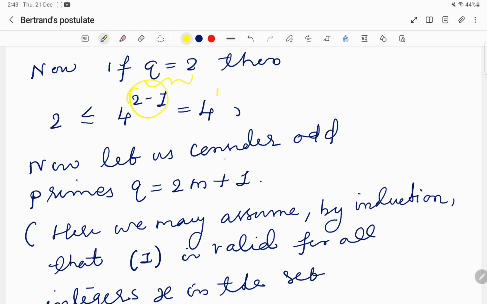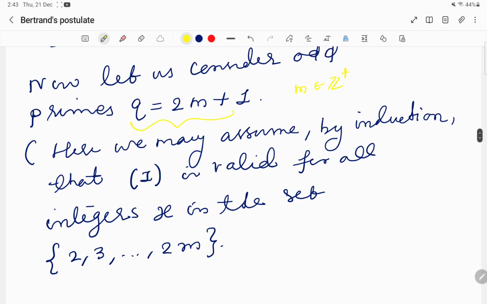So now let us assume q is an odd number, because the only even prime is 2, so q can be written as 2m plus 1 for some positive m. Okay, so here we may assume the induction, that the inequality is true for all elements from 2 to 2m, because q minus 1 will be 2m, and x is a real number, right?